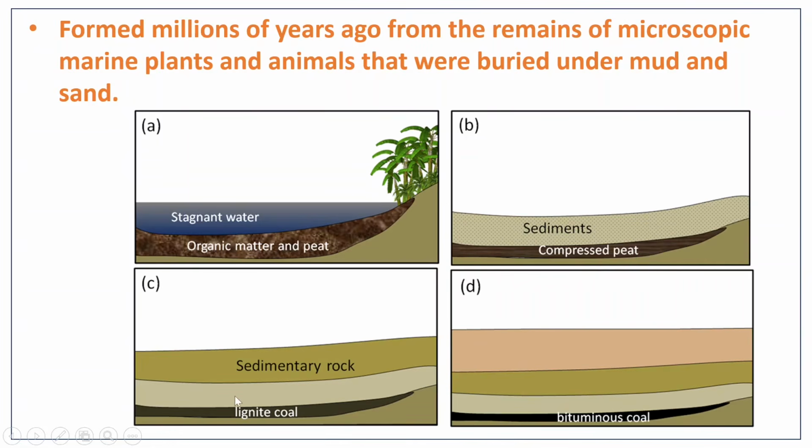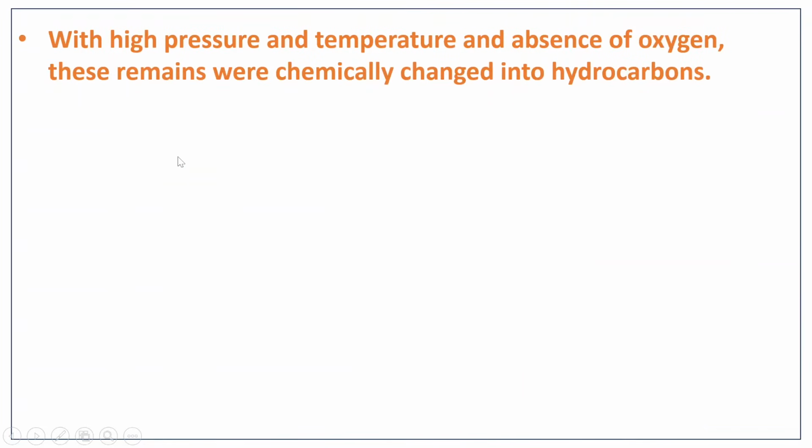With time, they change into lignite coal. So the sediment becomes sedimentary rocks, and these go down there to be compressed and heated, and with time, bituminous coal and also crude oil is formed. With high pressure and temperature and absence of oxygen, these remains were chemically changed into hydrocarbons.